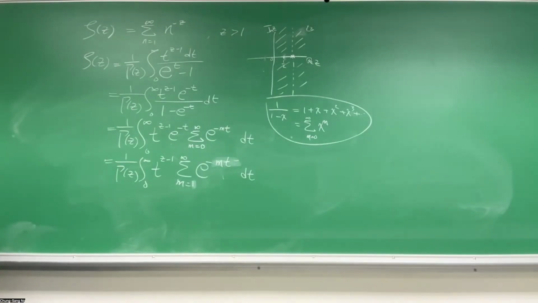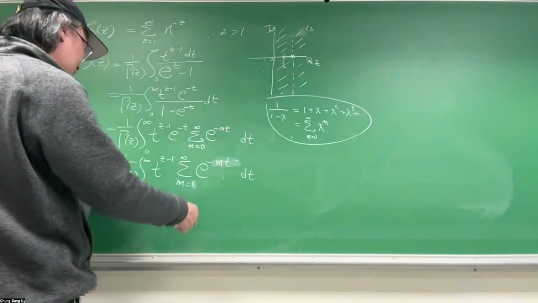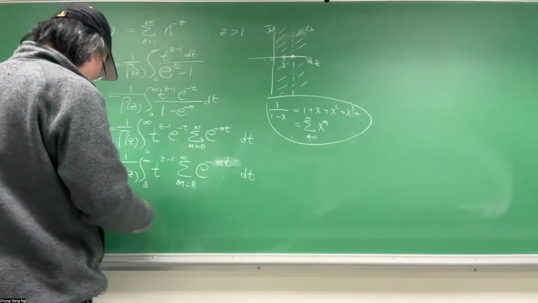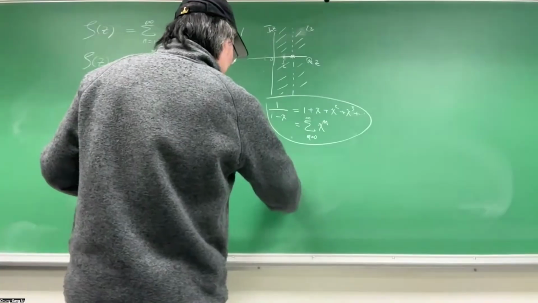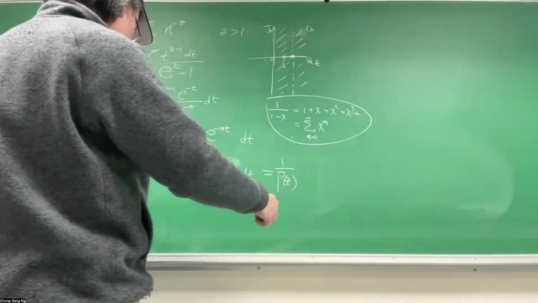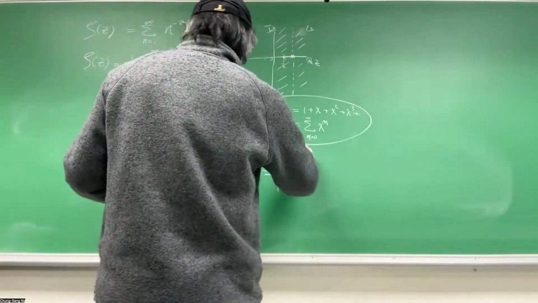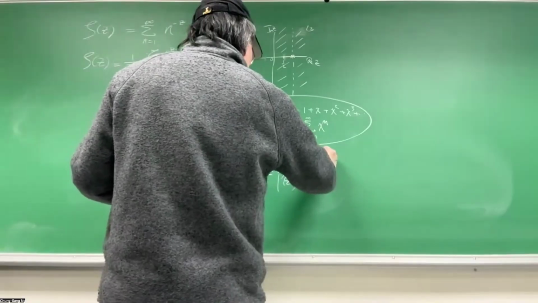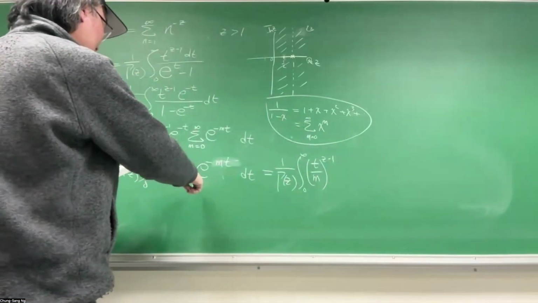Now the idea is to do another change of variable, that is, t over m.